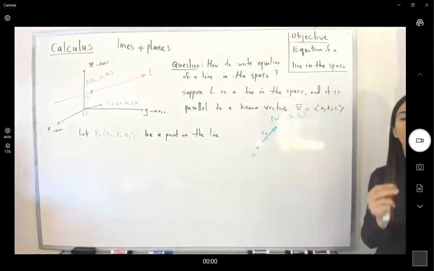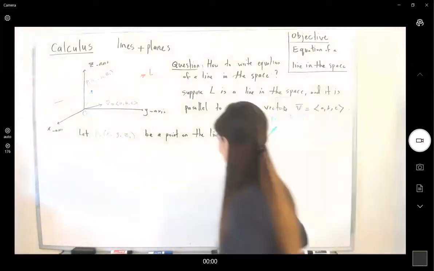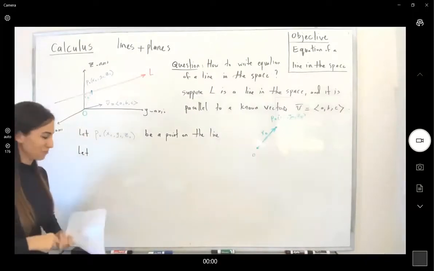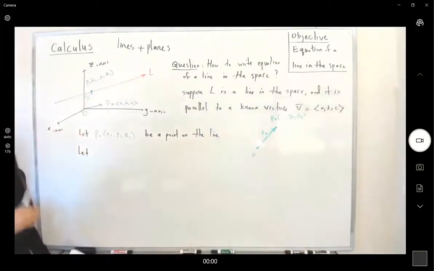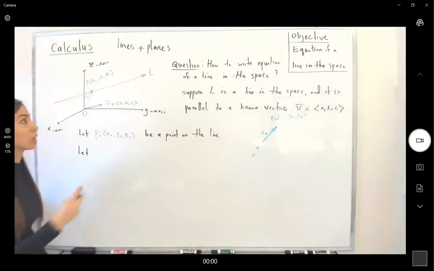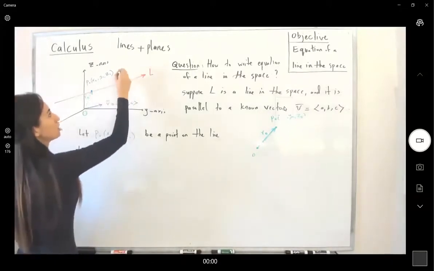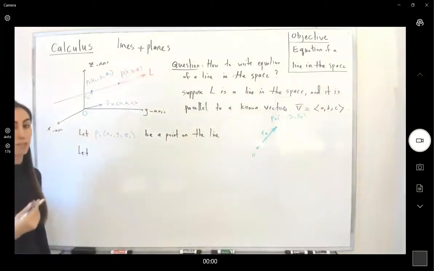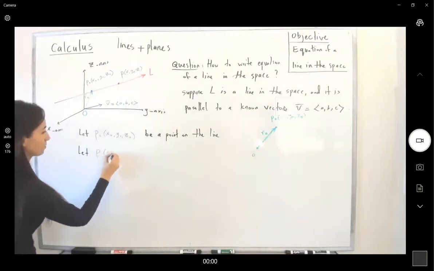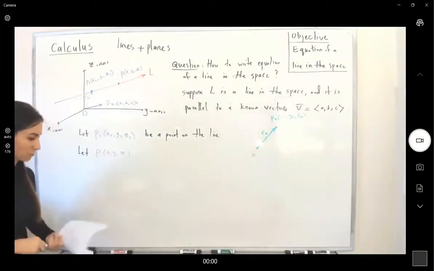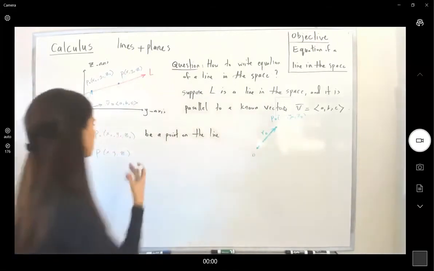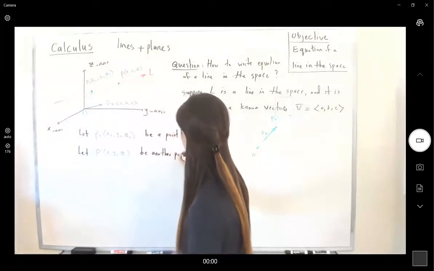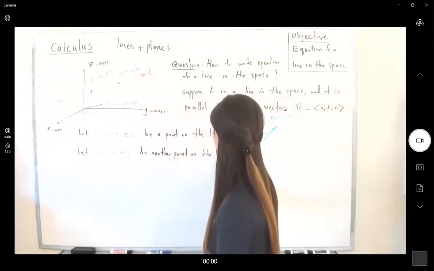We're going to take a second point on the line. Let P with coordinates x, y, and z, the general coordinates, be another point on the line.